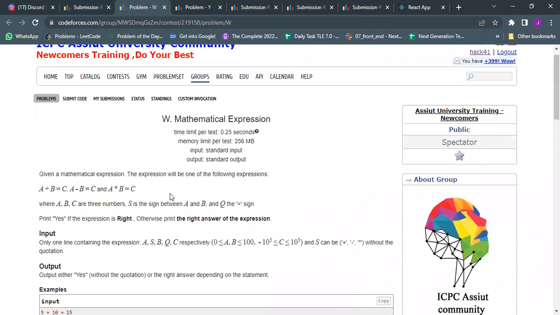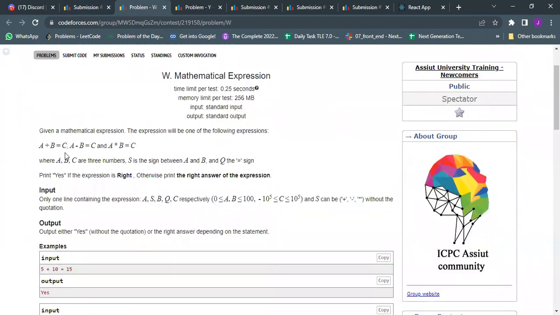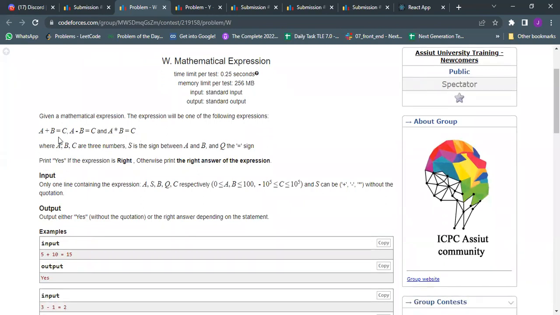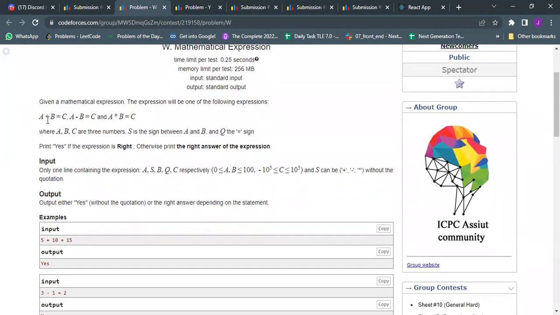Okay, so next problem is mathematical expression, which says that you can be given one of these three expressions, which is a plus b equal to c, a minus b equal to c, or a multiplied by b equals to c. Okay. Now, what you have to do is that these A, B, C are numbers, okay, and there will be a sign between them, okay. So if the given expression is correct, then you have to print yes, okay.